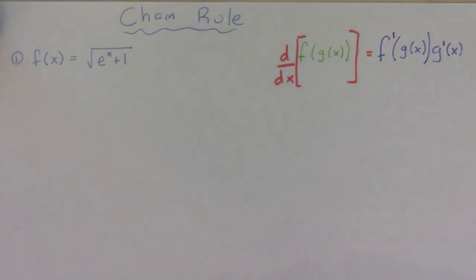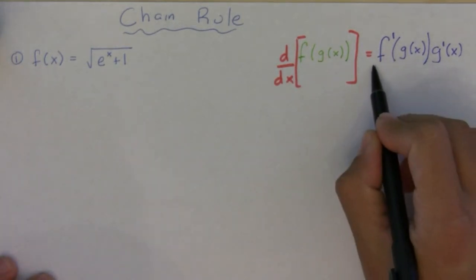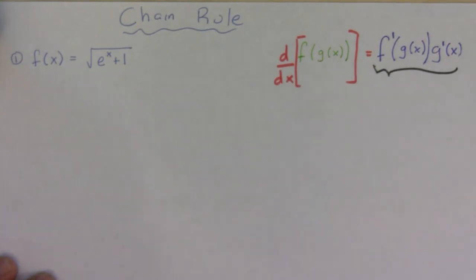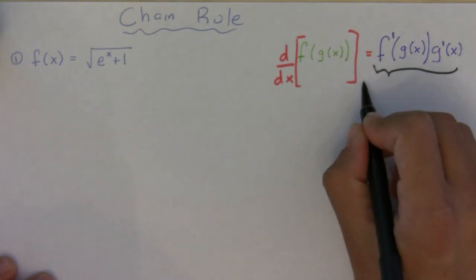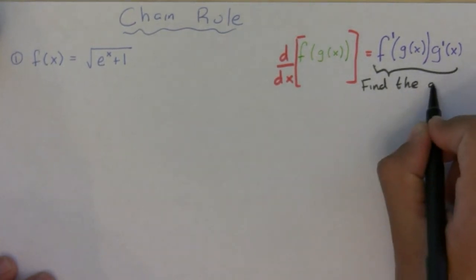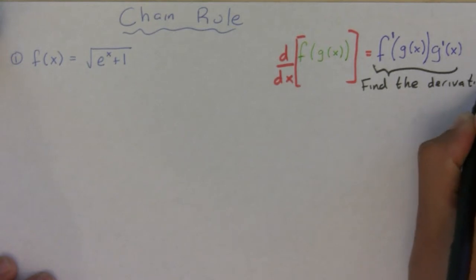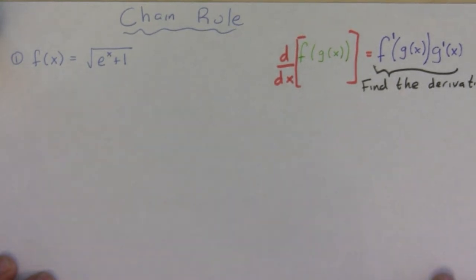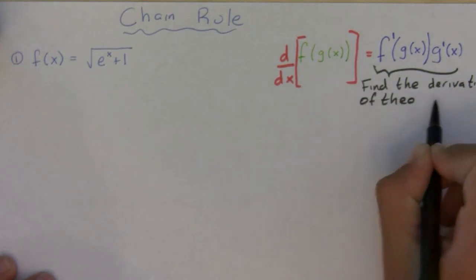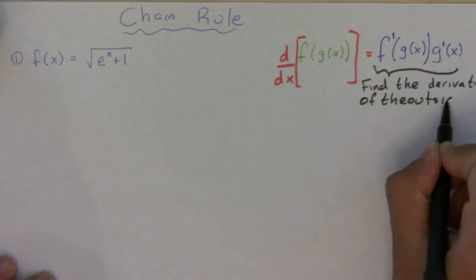Okay, so now I'm going to write down exactly what this formula is telling us to do in words, and we're going to use that and apply it in some example problems. What this says is: find the derivative of the outside function.